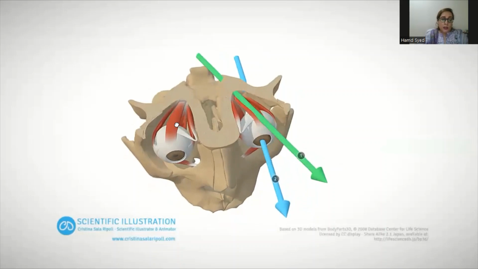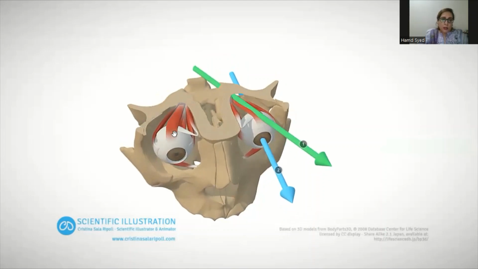And as the name rectus indicates, it has a straight axis, but you can see that its origin is from the posterior part of the bony orbit, from the upper part of the common tendinous ring, and as it passes forwards, it becomes laterally directed because of the axis of the orbit. So the origin, you could say, is medial to the insertion. And the insertion of superior rectus is into the anterior half of the eyeball, into the sclera, just behind the cornea.